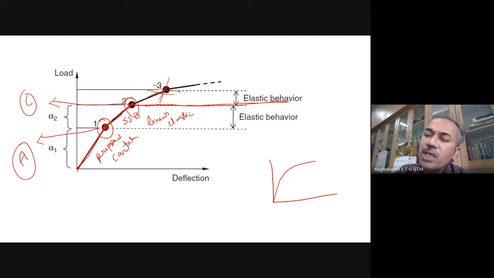Can you comment about the stiffness? So in this range, what is the stiffness? In this range, what is the stiffness here?